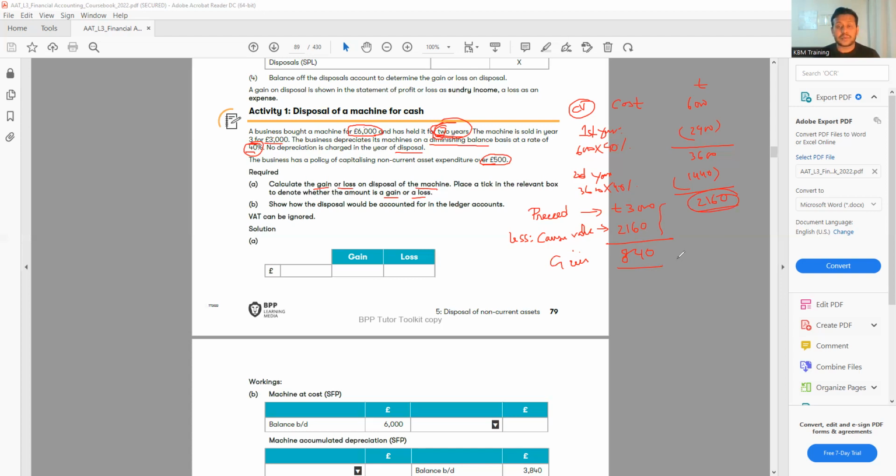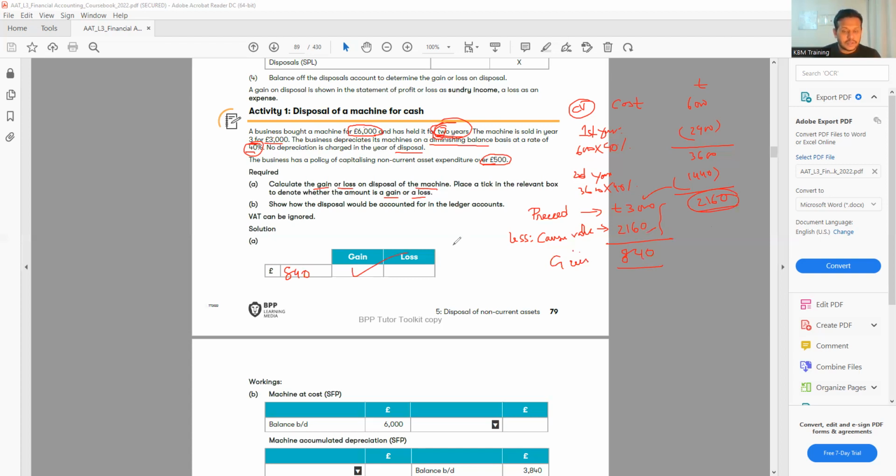If my sale or proceeds is less than the carrying value, then it will bring me a loss. So here I sold it for 3,000, but the value of the machine is 2,160. So I make some profit, I make some gain. So we have 840 pounds, we make a gain.